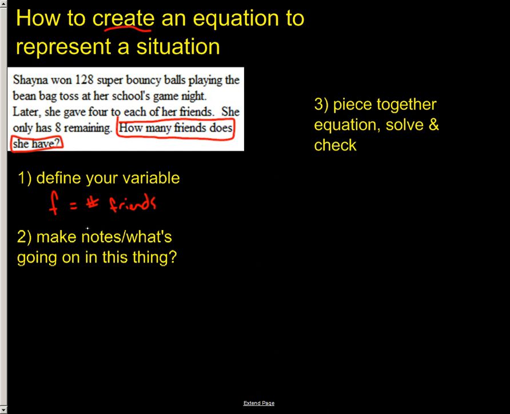Make notes about what's going on in this thing. Well, let's see. She won 128 bouncy balls. So I understand that that's Shanna. She won 128 balls, playing a beanbag toss at her school's game night. We don't even need to look at that. I don't need super bouncy. Shanna won 128 balls. And then what happens?